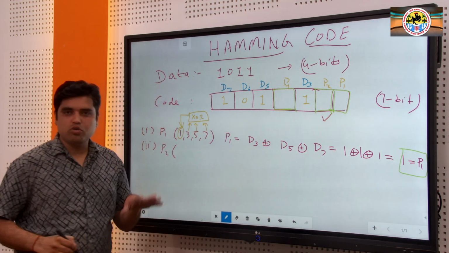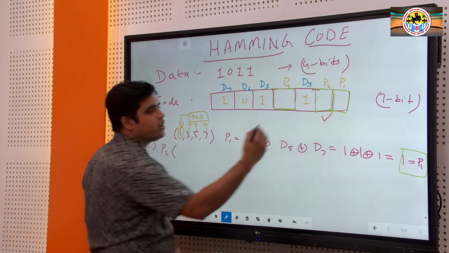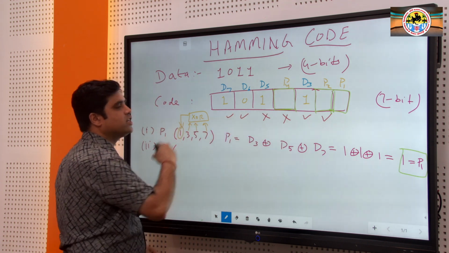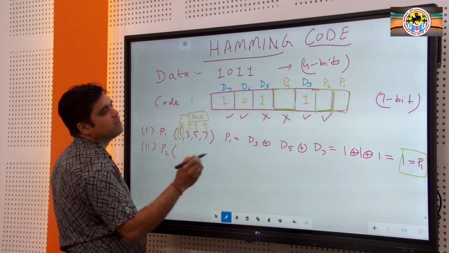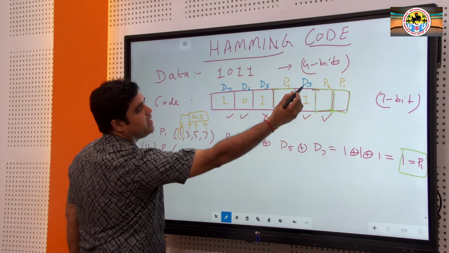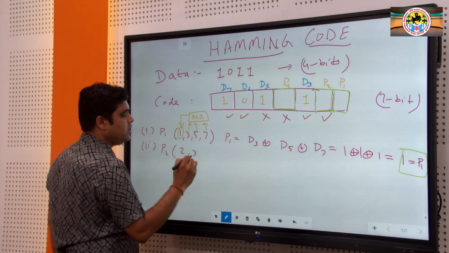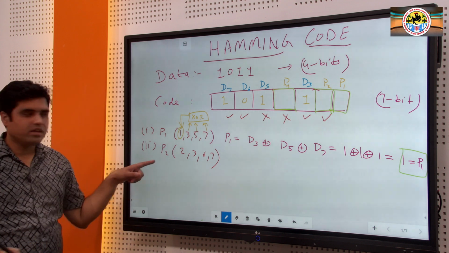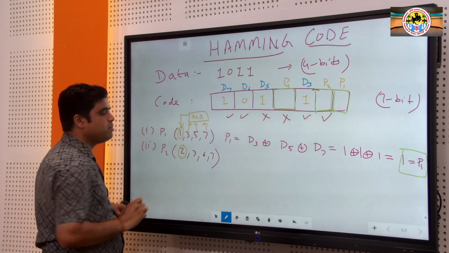Now, take 2, skip 2. We will take 2 boxes, skip 2 boxes. Here we get the second group. Second group is 2, 3, 6, 7. Which is parity? This one is parity.